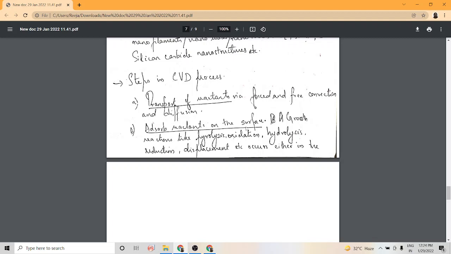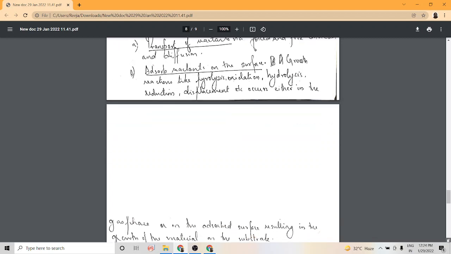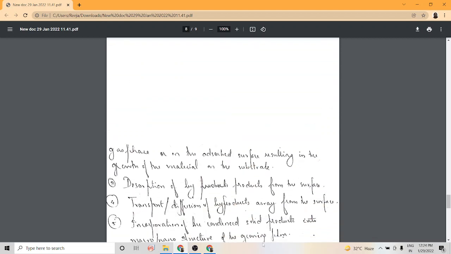Growth reactions like pyrolysis, oxidation, hydrolysis, reduction, displacement, etc. occur either in the gaseous phase, as these reactants are transported into the chamber before they reach the substrate, or on the adsorbed surface, resulting in the growth of the required material on the substrate.